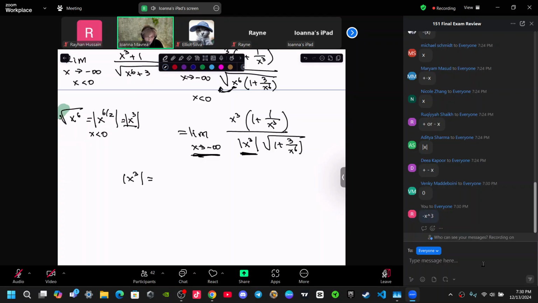Yeah, so I have to write negative x to the third. That will definitely be equal to a positive, right? So I'm going to replace this by negative x to the third because I know x is negative. So then this limit is equal to the limit. Again, I haven't taken any limit yet.